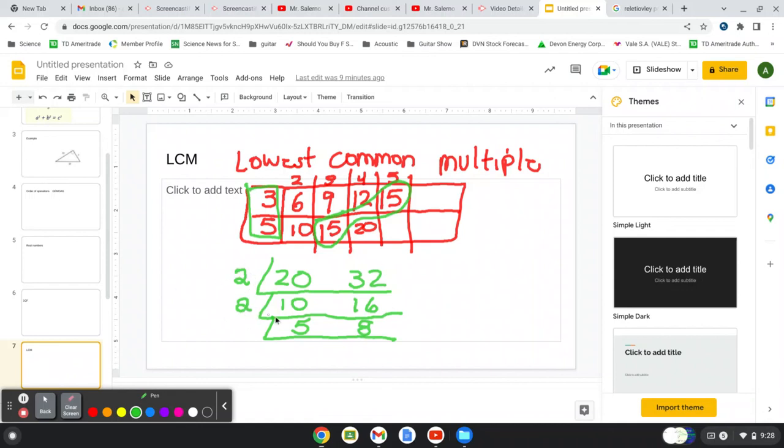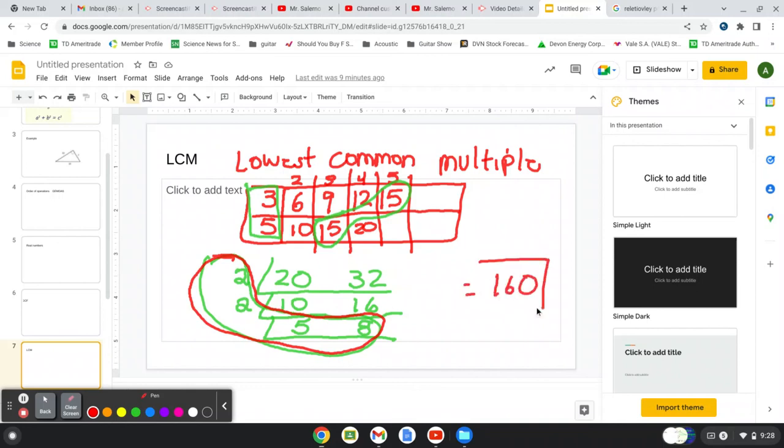But with the LCM, once we get where there is no number that goes into 5 or 8, you're going to multiply all of them on the bottom like that. So just multiply those numbers, the ones on the outside and the last two. If you multiply them together, you got 2 times 2 is 4, 4 times 5 is 20, and 20 times 8 is 160. So that'll be the lowest common multiple of 20 and 32.